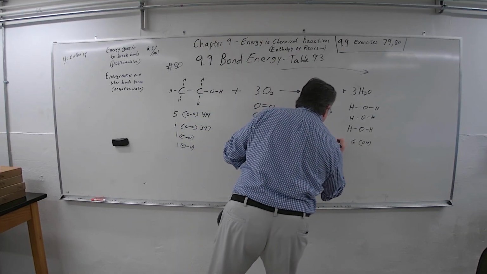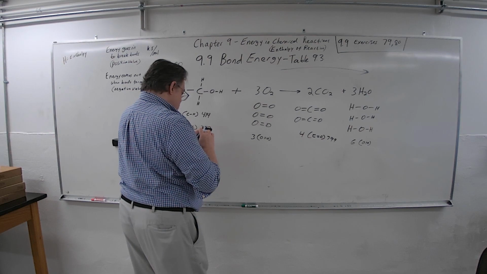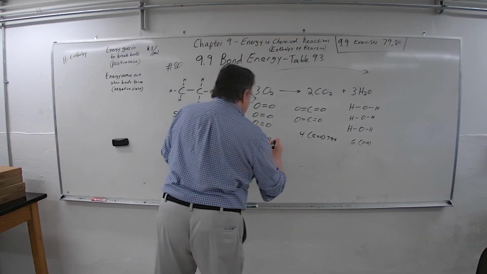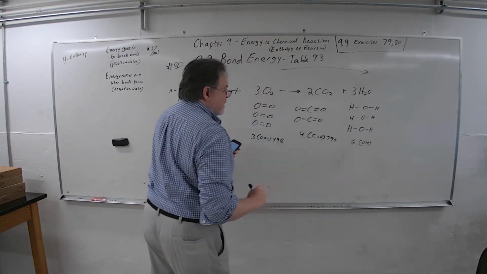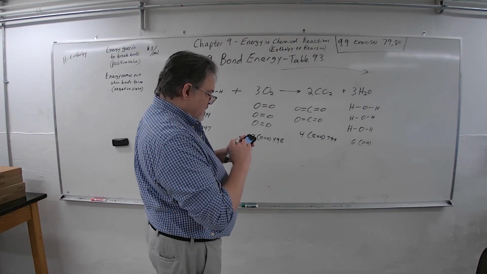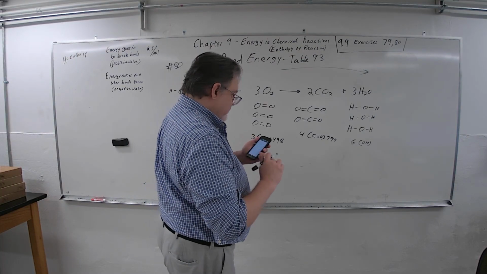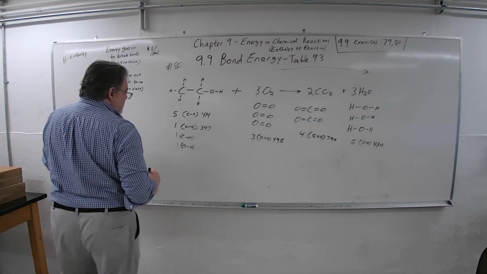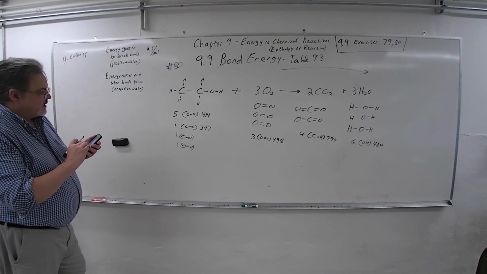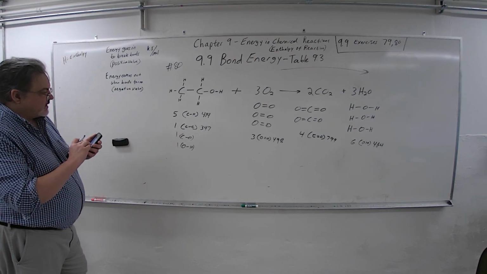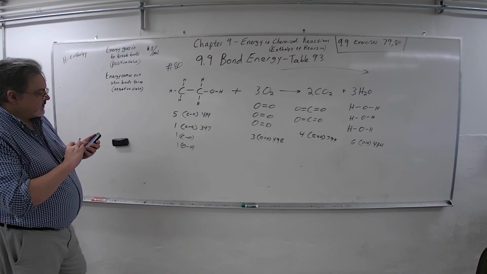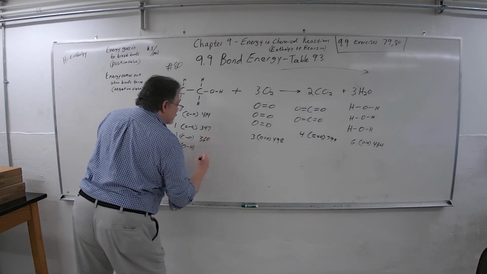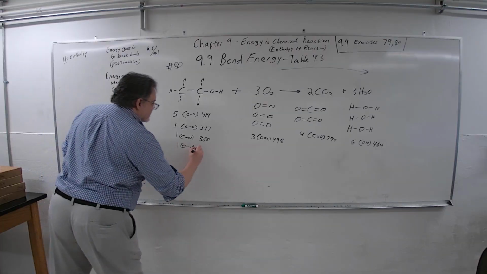This one was 790. O to O, 498. 6 O to H's, 464. C to H was 414. C to C, 347. C to O, 360. This one's 464.